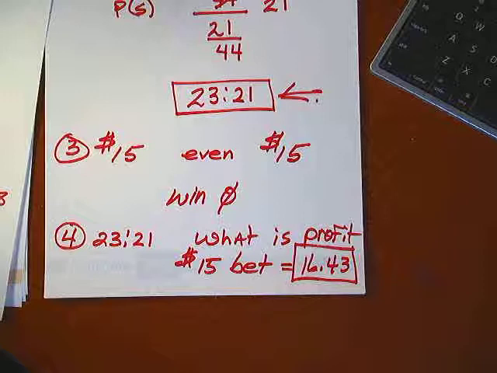Now the book says what is the profit, and then they asked you for $16.43, and I disagree with that because the profit that you made was $1.43, because you bet 15 and you got back 15, so you broke even at 15. The profit is $1.43, but they asked for the profit and asked for the whole thing, and I disagree with that. So I hope that helps you with 4.2.